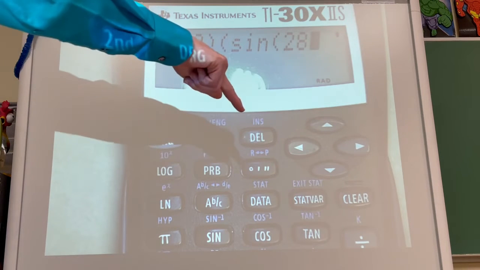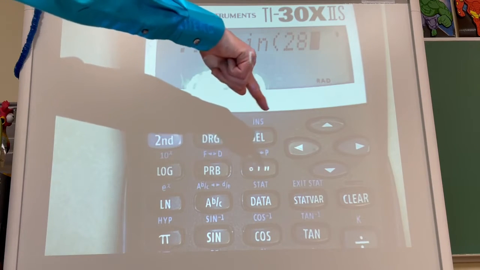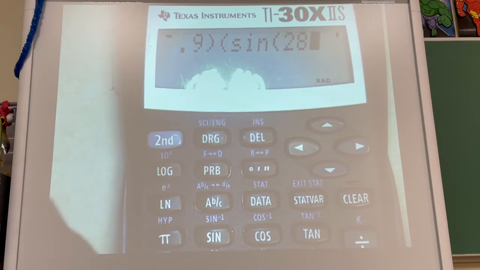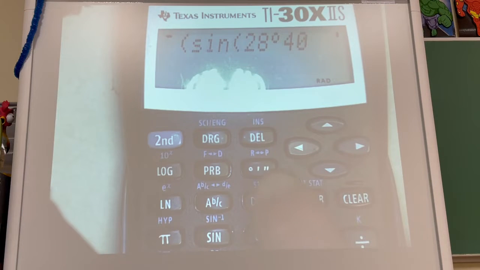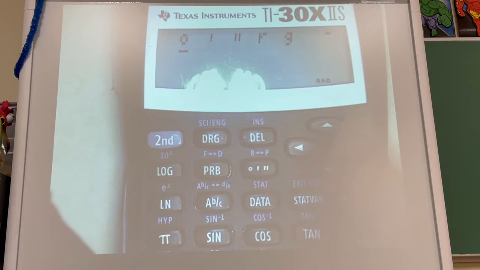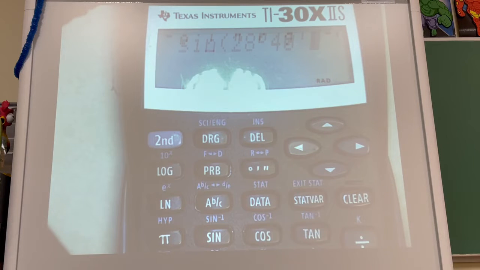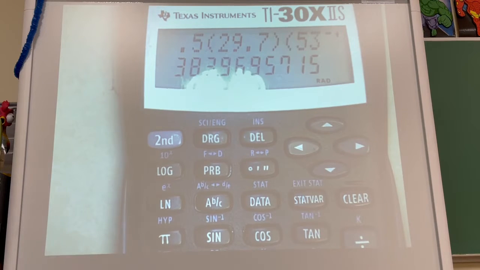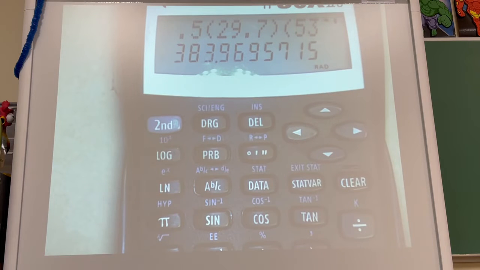Remember, your degree, minute, and second button is right below delete. So I need to press the degree button, choose degrees. There's 28 degrees, 40, go back to your degree, minute, second button and choose minutes. So there's 28 degrees, 40 minutes. That tells me that my area is about 383.97 square meters.